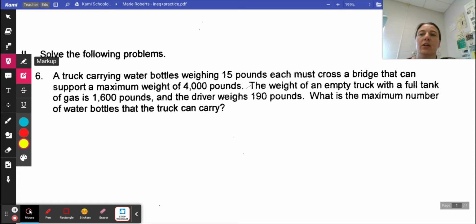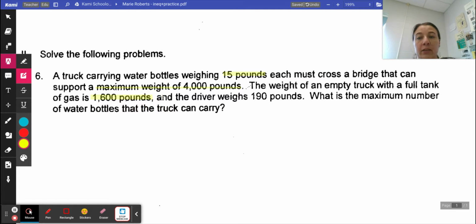So it says, a truck carrying water bottles weighing 15 pounds each must cross a bridge that can support a maximum weight of 4,000 pounds. The weight of an empty truck with a full tank of gas is 1,600 pounds.